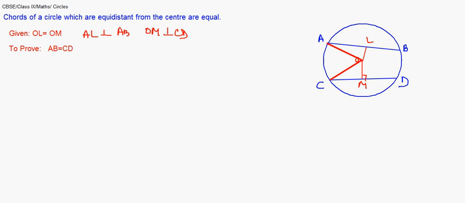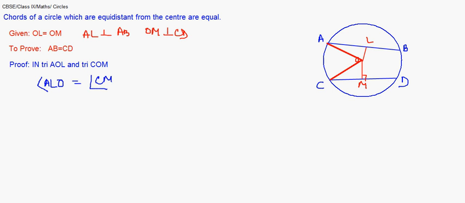So what we write in these two triangles, we start our proof and write in triangle AOL and triangle COM. How can we prove them to be congruent? We say that angle ALO is equal to angle CMO.